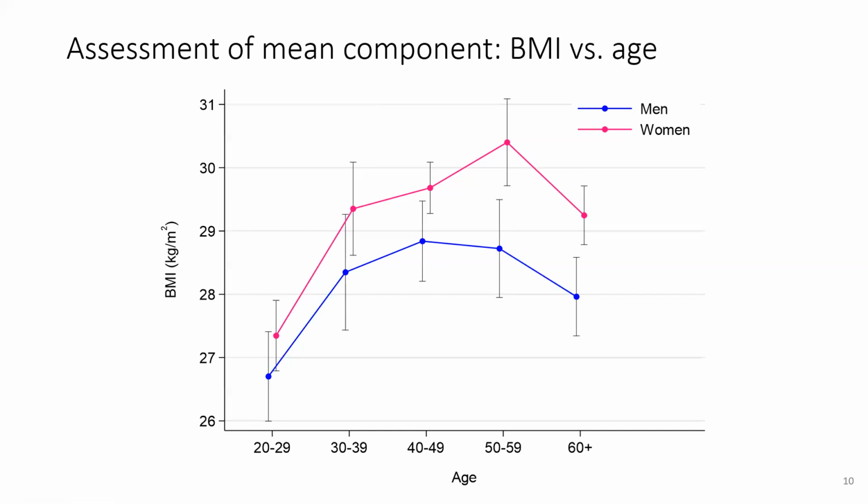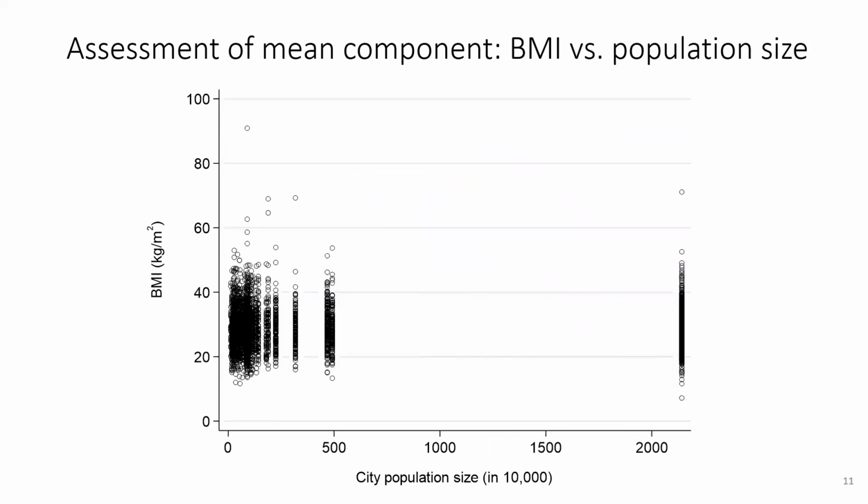Let's move on to the next covariate, which is population size. This is a distribution or scatter plot between BMI and city population size.